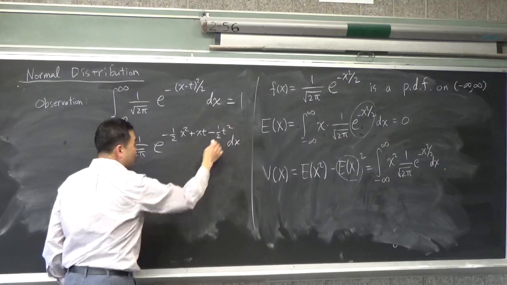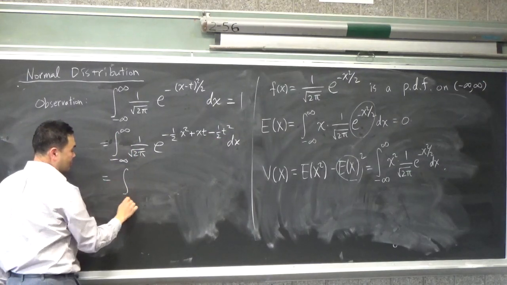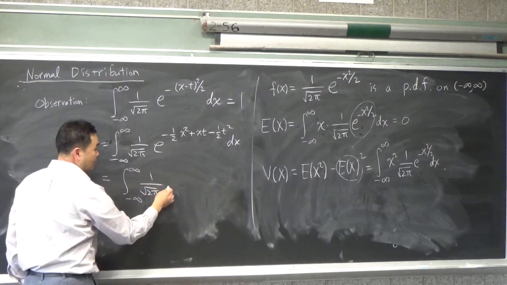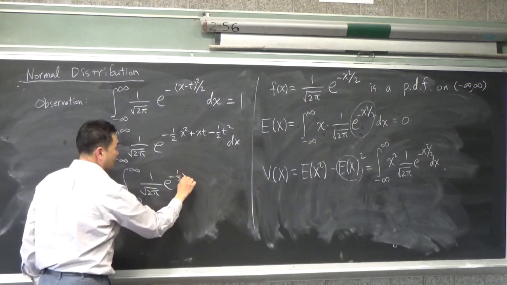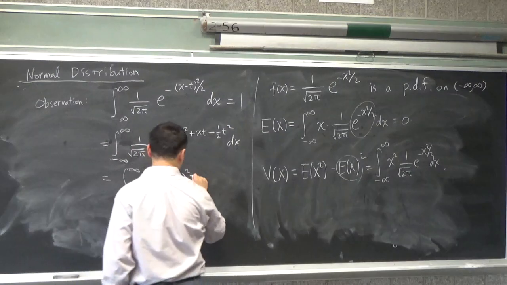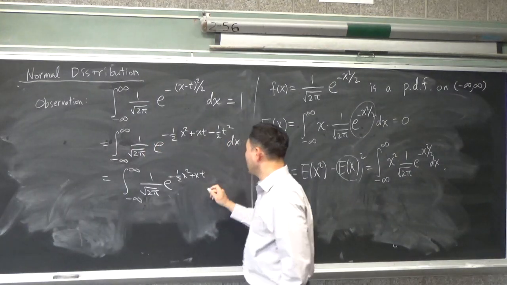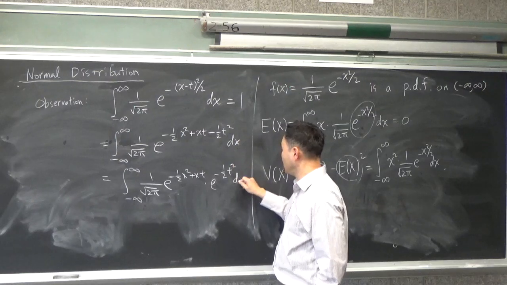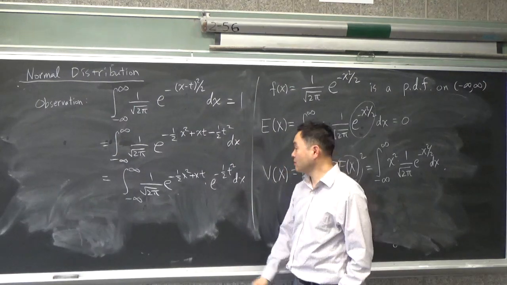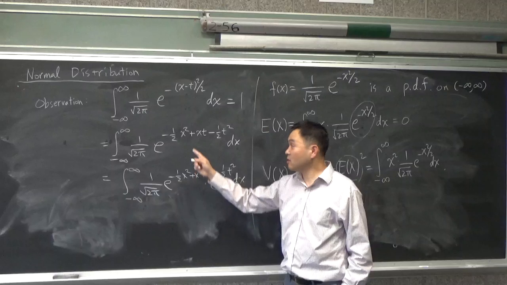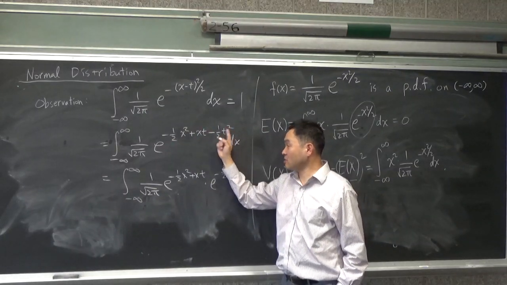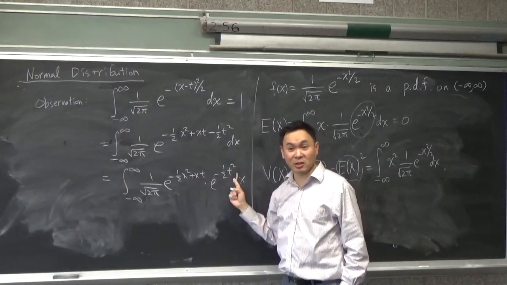So when we write this just like this, right? The sum of exponents is the same as multiplication between the powers.